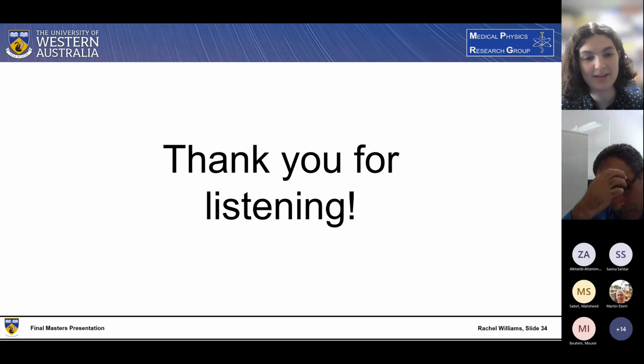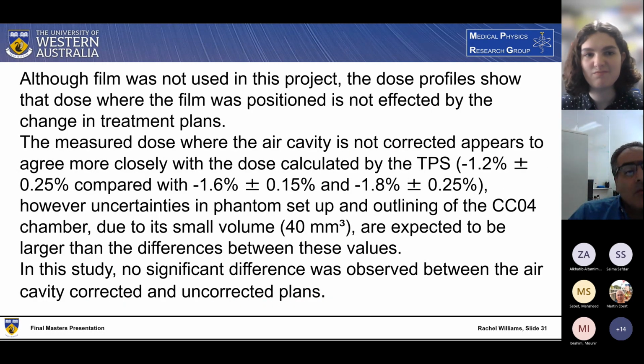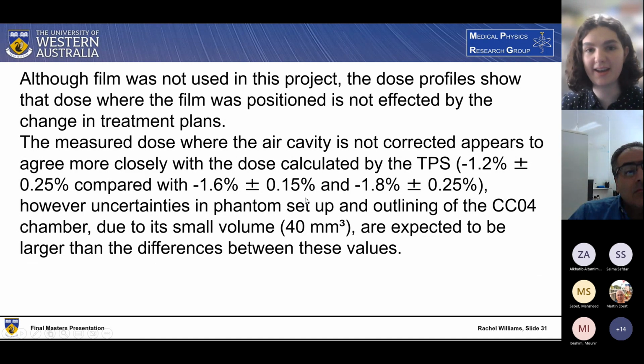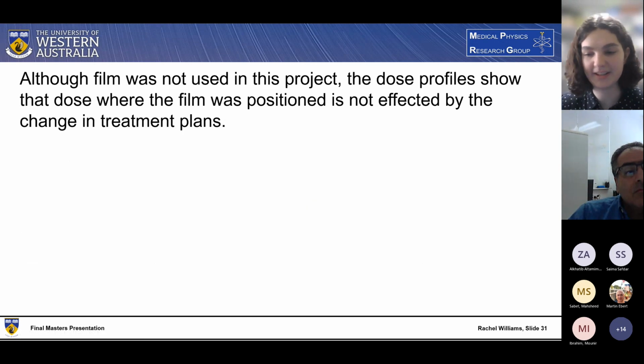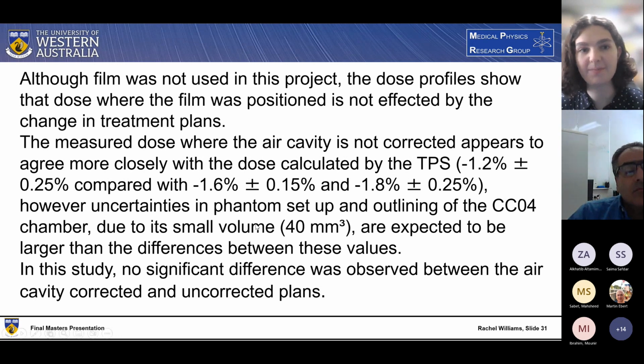I think if one plan had stood out significantly from the others, maybe double the relative dose difference, I think that might be a highlight for concern, but there were a few uncertainties in both setup and outlining that for the measured values we got, it's not easy to say.